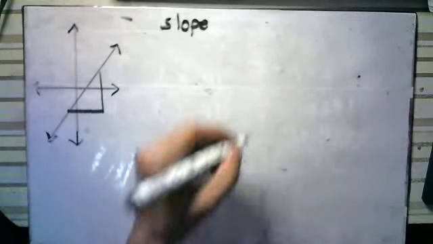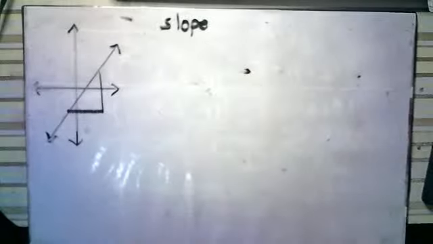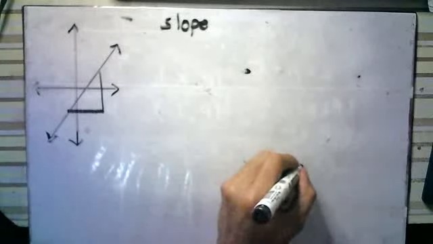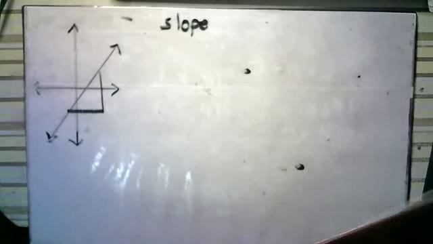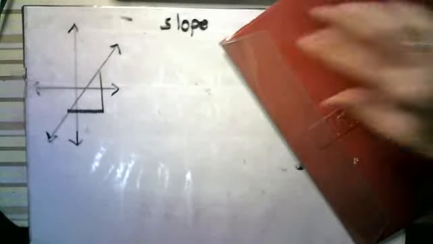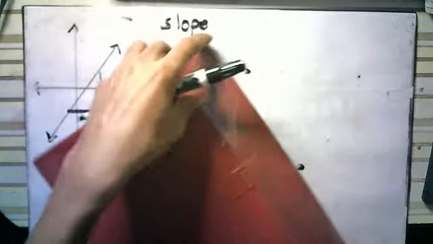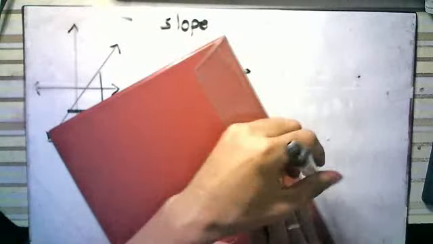For example, I have point A, and we have here point B. If you connect the 2 points, you can make a straight line. For example, this one.